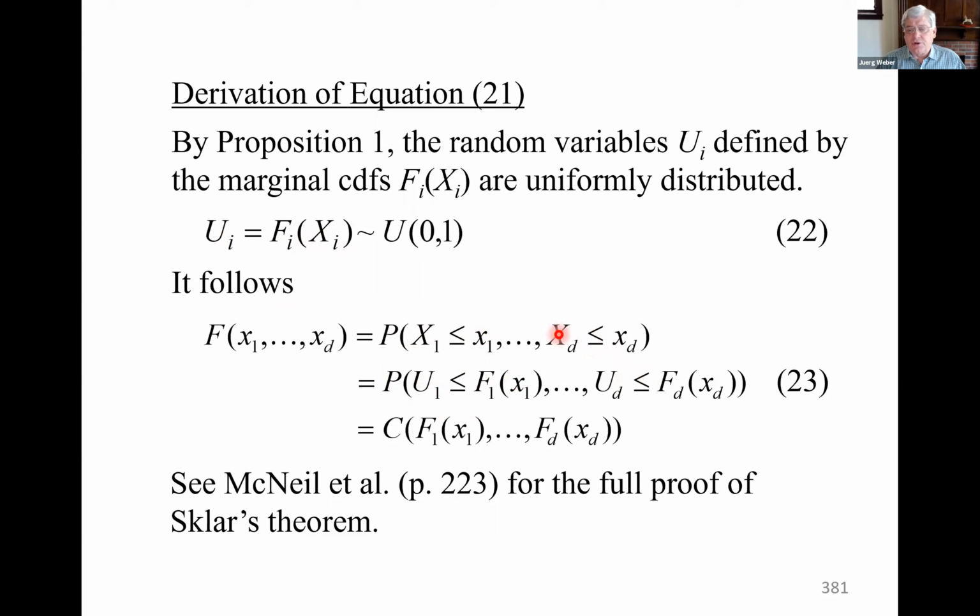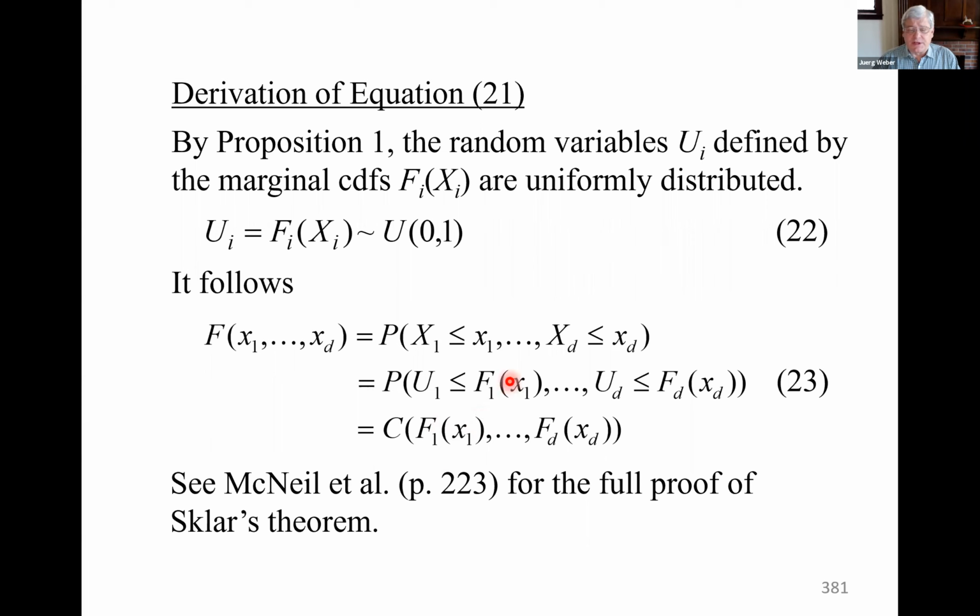You apply the FD, you get the UD. Because that is uniform, this value goes here. Remember, in the uniform distribution, the probability that U is equal or less than the critical value lowercase u, you just get the lowercase u.